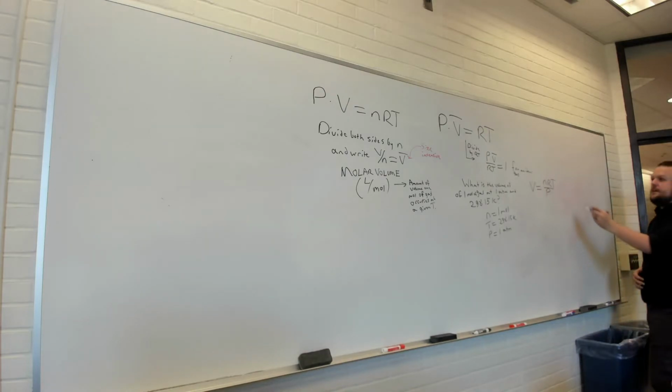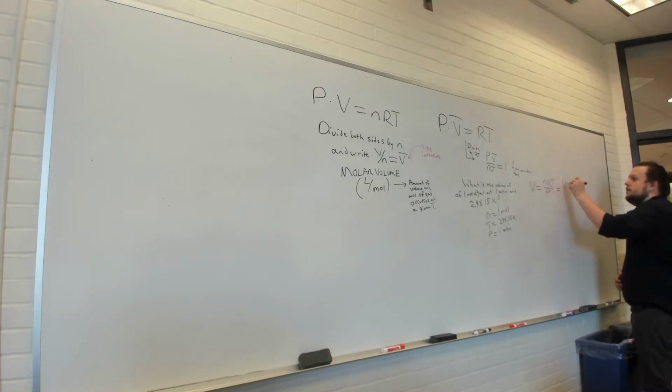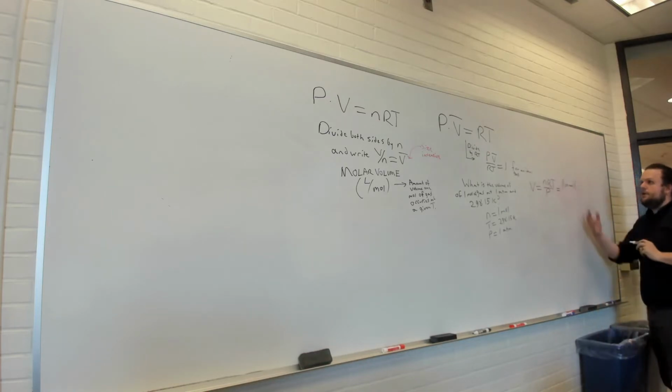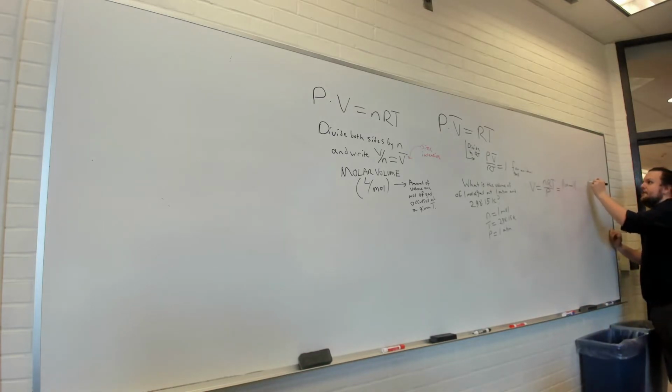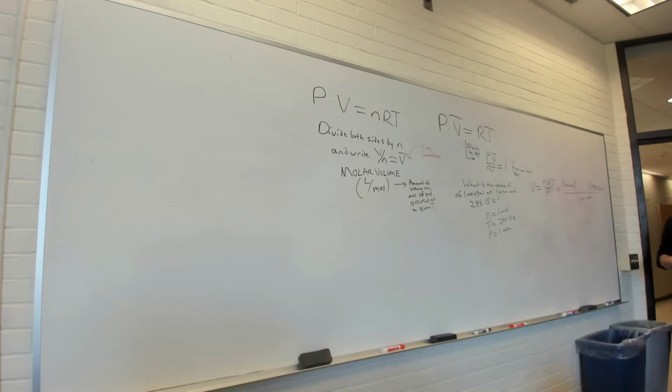So let's plug things in. 1.00 mole, we don't know the gas constant for atmospheres yet, but we'll come back to that, times 298.15 Kelvin, and I'll divide by 1 atmosphere. So we don't know R yet, because we have atmospheres here. It's not in normal SI units, so we need to convert.